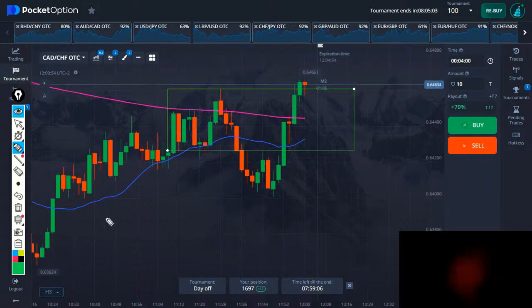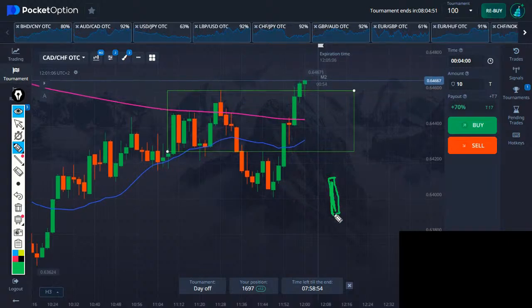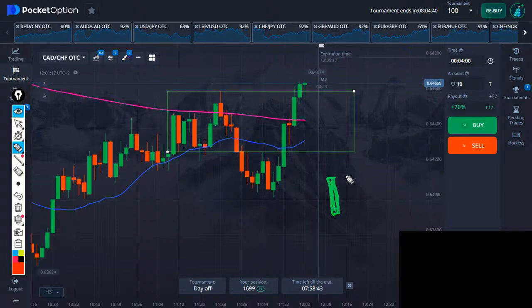to define your entry point, you need to look for the following patterns. You need a strong green candle, or red candle, forming and closing below your rectangle or above.